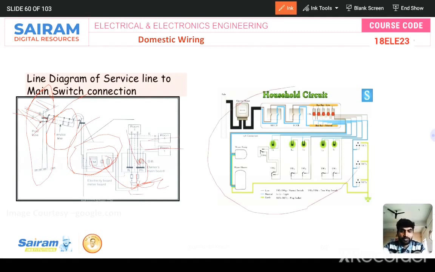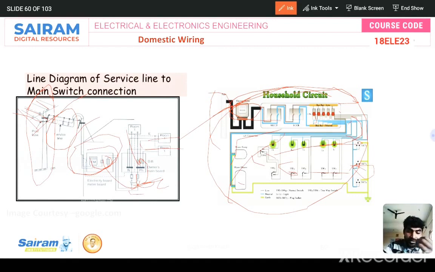Similarly, in this one there is a pole present, an energy meter, and after that a household circuit. From that, there is a water pump and water heater, and particularly the lamp sockets and all are present here. It's the best example for understanding how they do the wiring system, and how the power supply comes from the energy meter to a particular room.